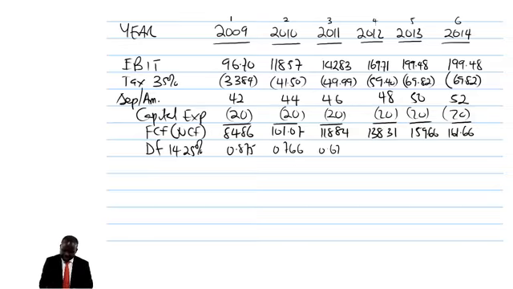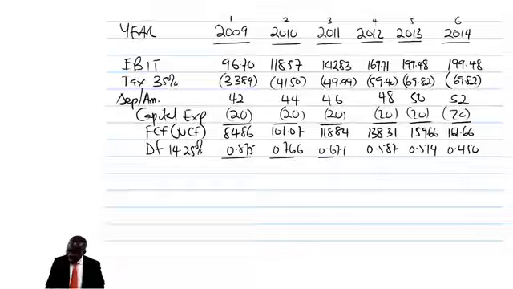Subsequently, I press the equal sign, and I'm going to get 0.587, and then 0.514, and this is 0.450 approximate.